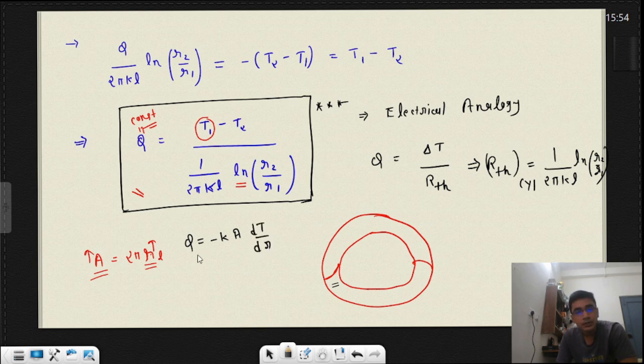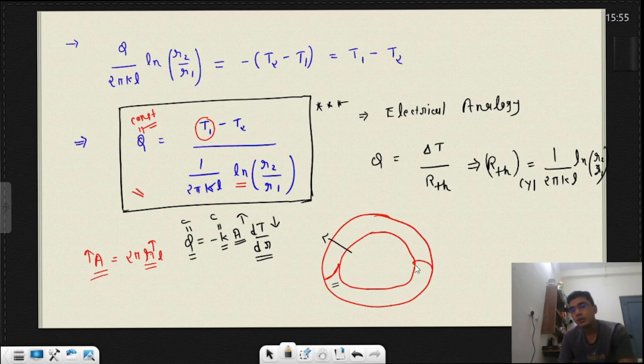Here Q is constant, K is also constant, both are constants. Now as the area increases, dT by dr decreases. As we are moving radially outward, the area of heat conduction is increasing.